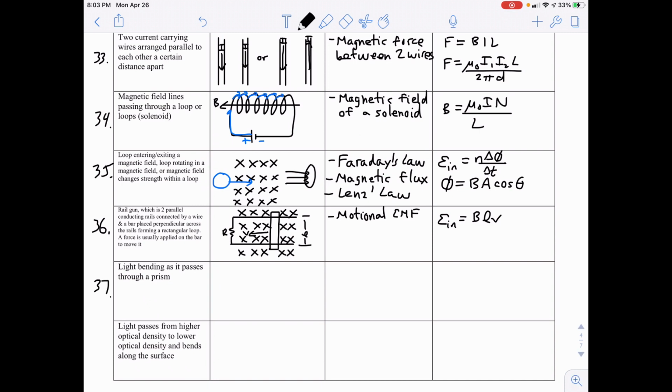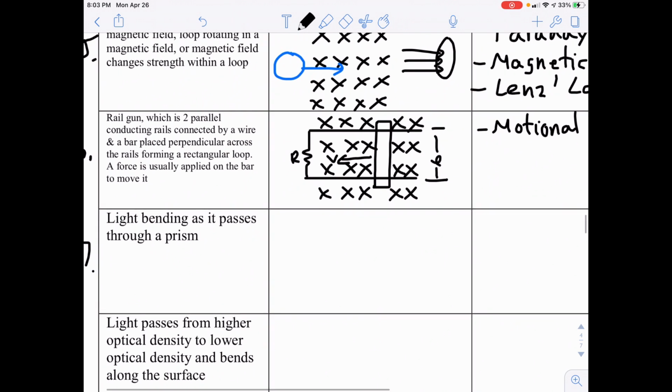Now 37 deals with light bending as it passes through a prism. So let's imagine a triangular prism, and we get white light passing into one side. It will bend a little bit here, and as it comes out the other side, it's going to bend again into specific colors of the rainbow: red, orange, yellow, green, blue, violet.